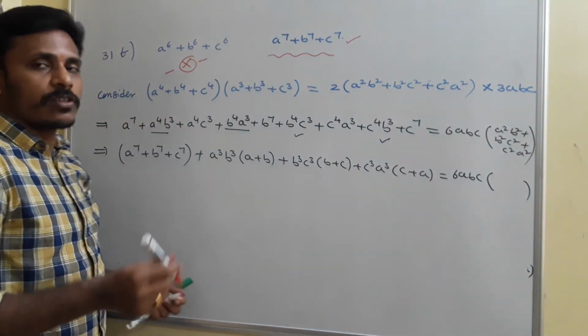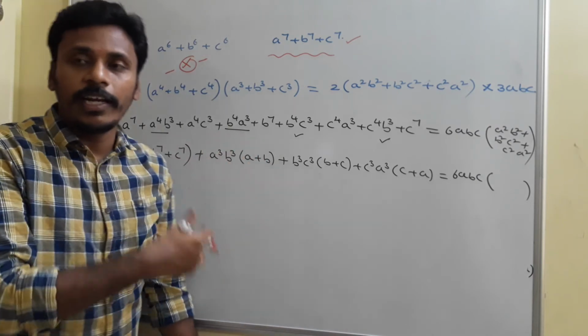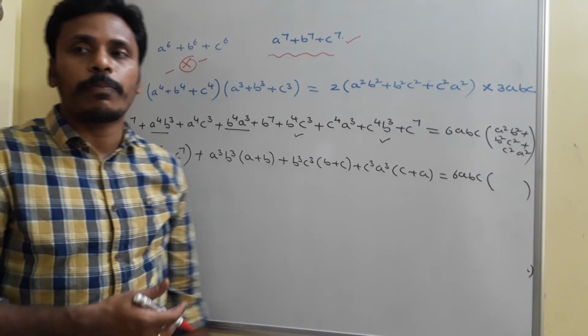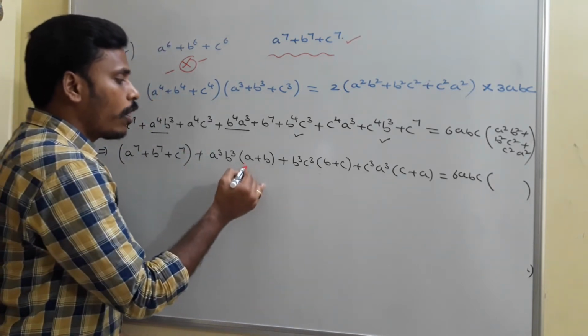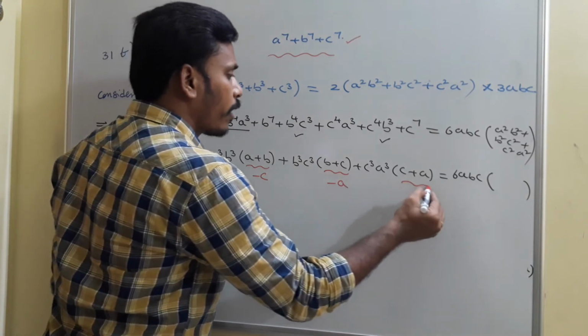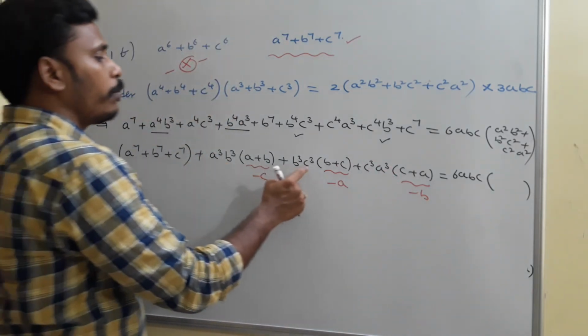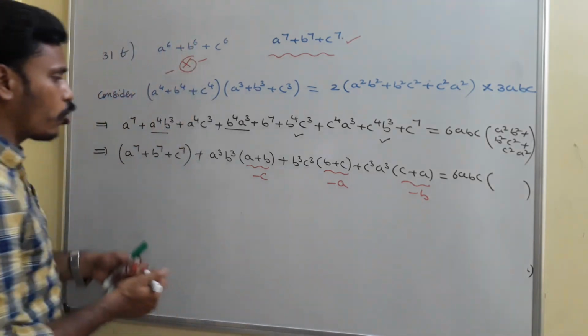In this last case, just in the way of the previous discussion, everything we did, we are doing because a plus b plus c is 0. So a plus b is minus c, b plus c is minus a, c plus a is minus b. Now we have a cube b cube times minus c, b cube c cube times minus a, c cube a cube times minus b.